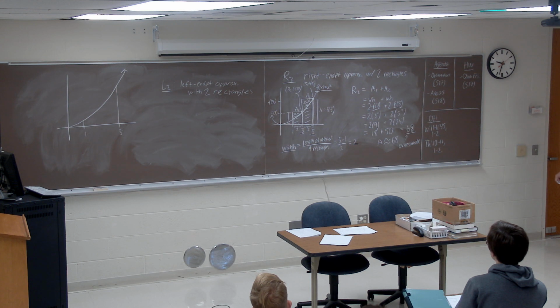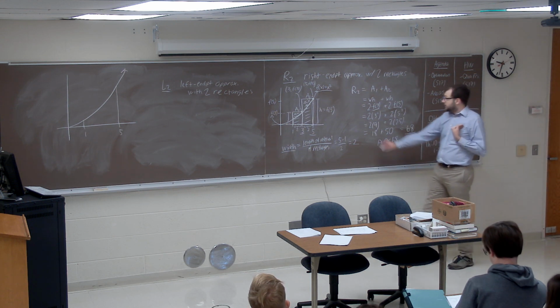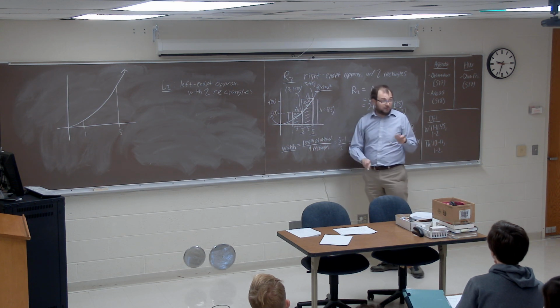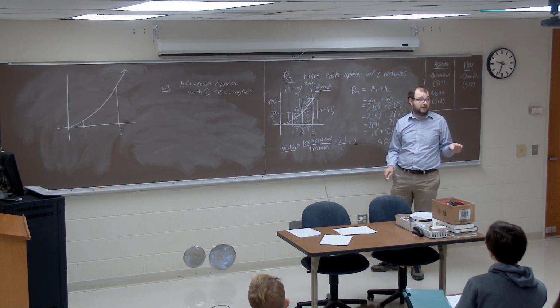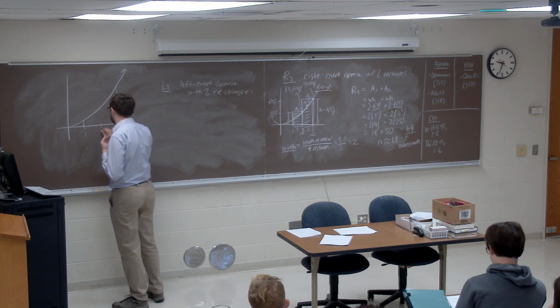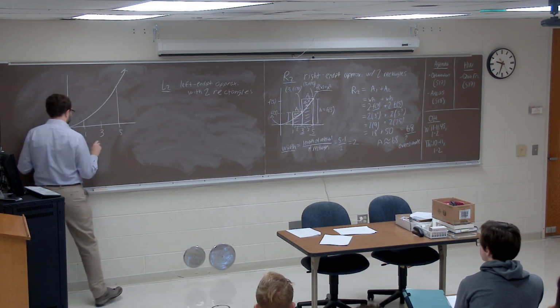Okay, so in other words, with R2, the top right corners of our rectangles both happen to lie on the function. This time we're going to have the top left corners of our rectangles lie on the function.